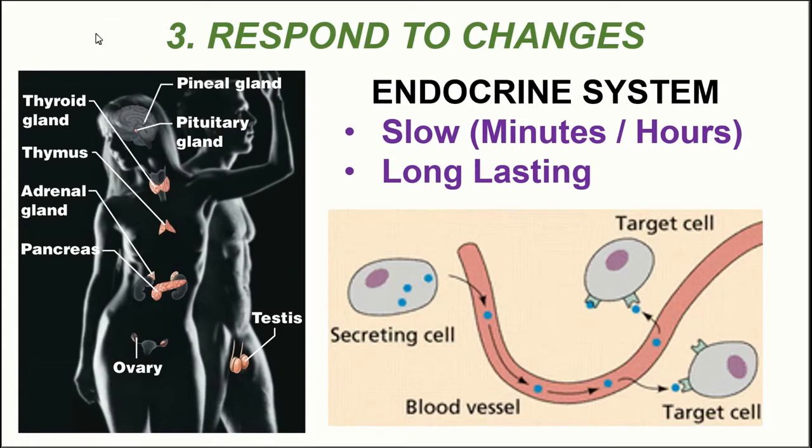In contrast to the nervous system, the endocrine system uses a series of glands that are collectively called the endocrine glands. And these endocrine glands release chemical messengers called hormones into the blood. And so what you have are cells of those endocrine glands that produce and release those hormones into the blood.